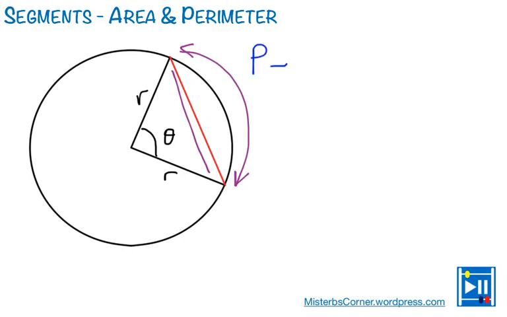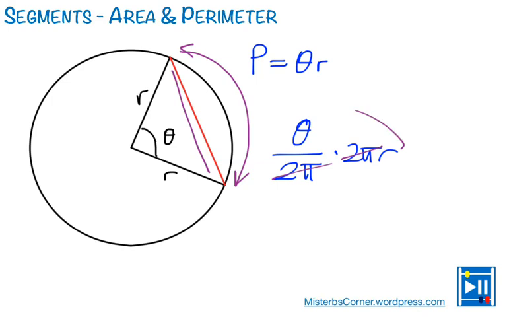So let's start with the arc length. So P equals, well, it's going to be theta times r. Remember, we were to go like theta over 2 pi multiplied by the circumference, and then we cancel out the 2 pi's to end up with theta times r as the arc length, right?